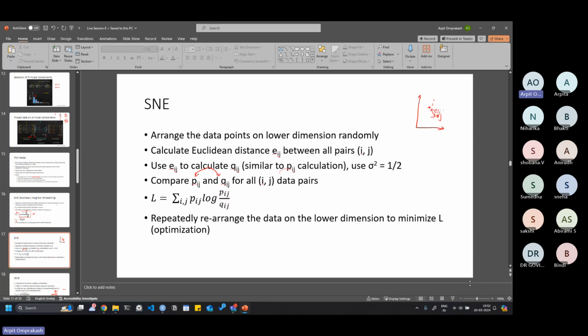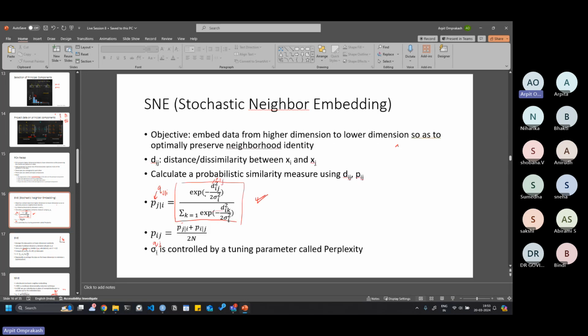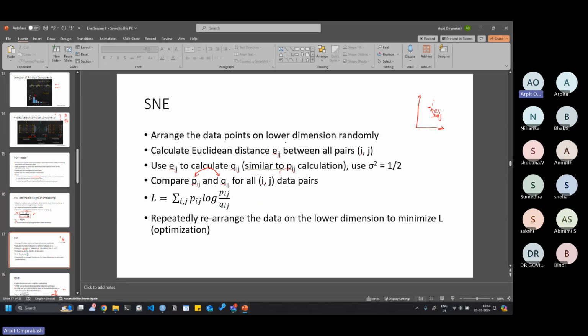Okay. Similarly, in the lower dimensions, we arrange all our points randomly and we calculate the Euclidean distance between all pairs of points. Then we use this Euclidean distance in a similar equation from the normal distribution to calculate Qij. Then we try to map Pij onto Qij. So basically, the distance in the higher dimensions, we are trying to map it into the lower dimensions also.